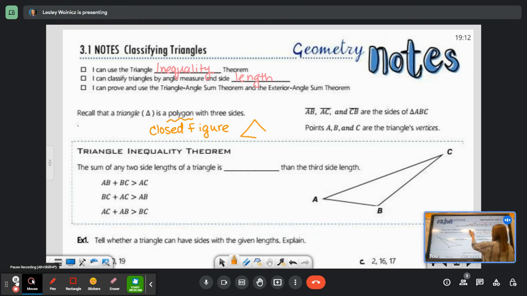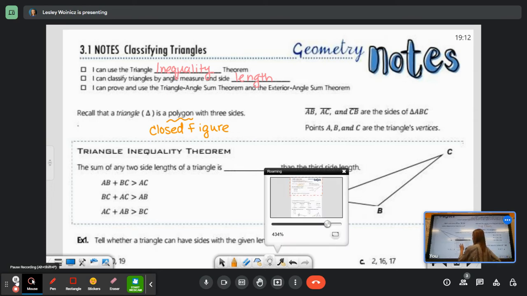It's not a polygon either. It's got to be closed. Segment AB, segment AC, and segment CB are the sides of this triangle ABC, and points A, B, and C are the vertices. Just a little vocab review.